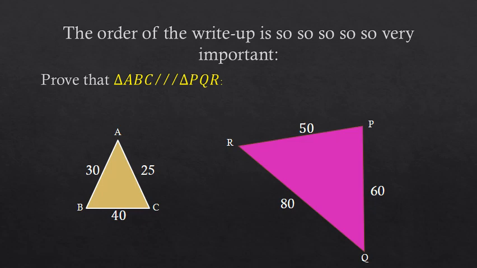If one of those sides were missing, you cannot use it to prove that two triangles are similar. But luckily for this one, we have 30, 40, 25, and with the other one, all 3 sides, 50, 80, and 60. So we can use all sides in proportion. Let's have a look at how the write-up works.